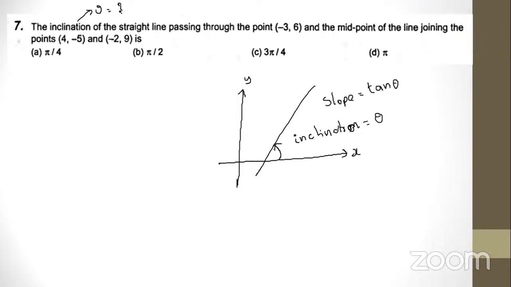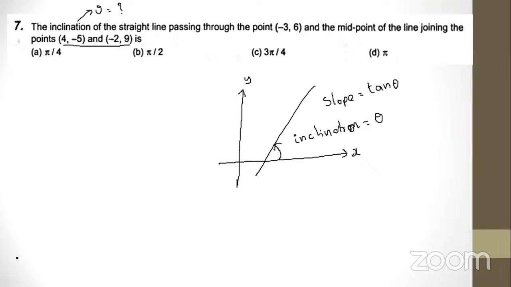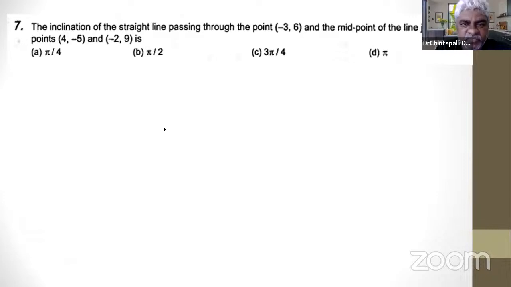That line is passing through the point -3, 6 and the midpoint of the line joining 4, -5 and -2, 9. This is the point -3, 6. There is a line passing through this point and through another point.